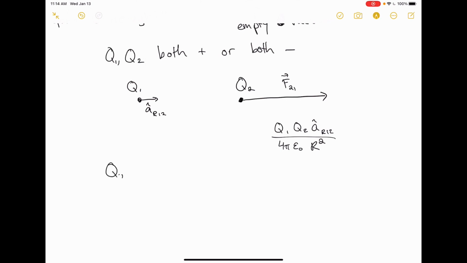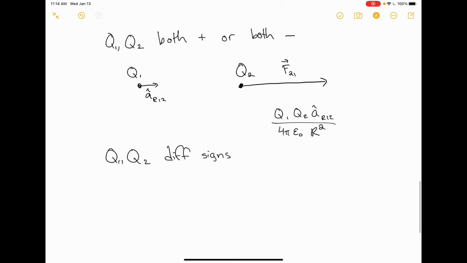If Q1 and Q2 have different signs, we'll draw that situation. Q1 is over here, Q2 is over here. The unit vector still points in the same direction, a hat r12, but the direction of F21 flips, and now it points that way, because the sign of this Q1, Q2 product is now negative.